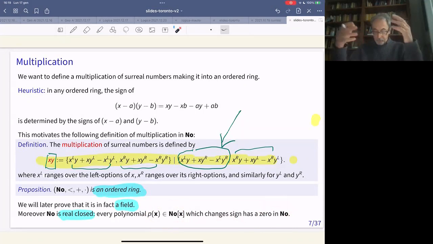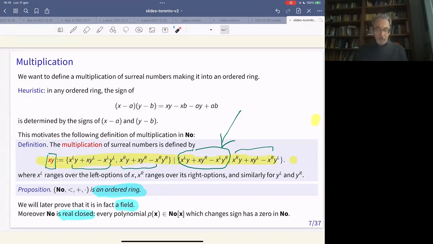And as people know, once you have an ordered field with this property, it will be elementarily equivalent to the reals. So it will satisfy all the first order properties of the reals, and you can transfer results from the reals to the surreal numbers.